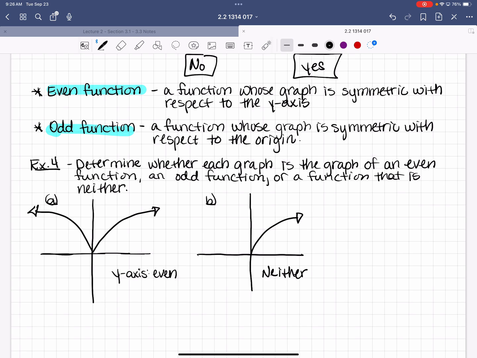Okay. Then C is going to look something similar to, not that. Let me go from the other way. Okay, this one's supposed to be odd because it's supposed to be the origin. And guys, the way you do that is flip him over the y-axis. So if I flipped him over the y-axis, then he would go like this, right?